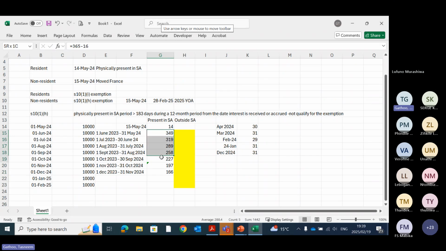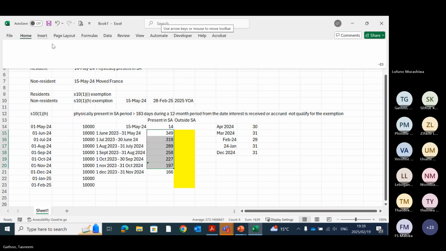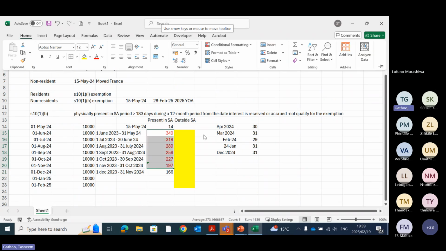So up until this portion, she was physically present in SA for a period greater than 183 days during the 12-month period from the date the interest was received or accrued. So for this red period, she's not going to qualify for the Section 10(1)(h) exemption, right?